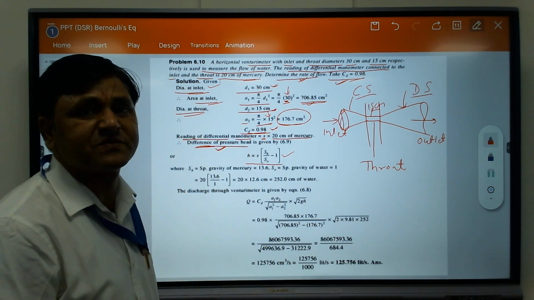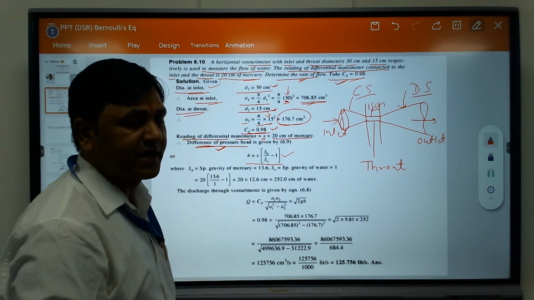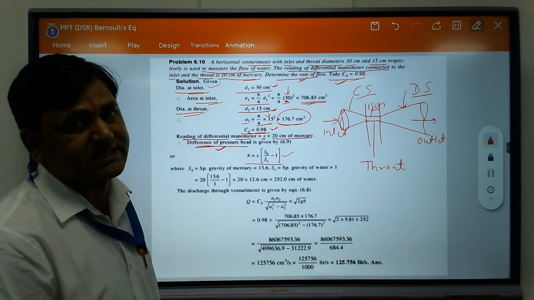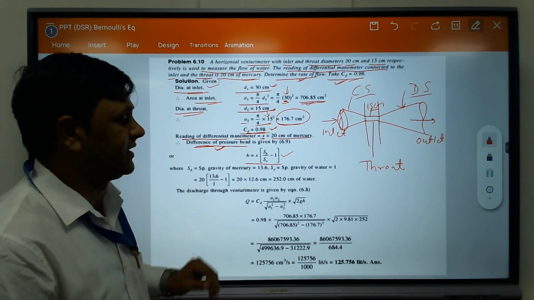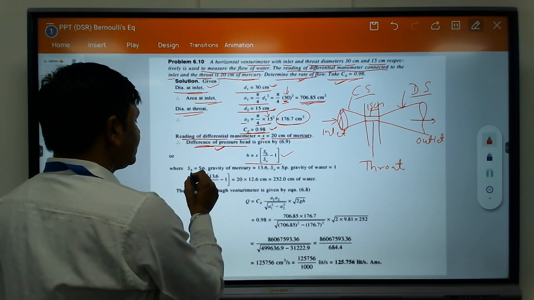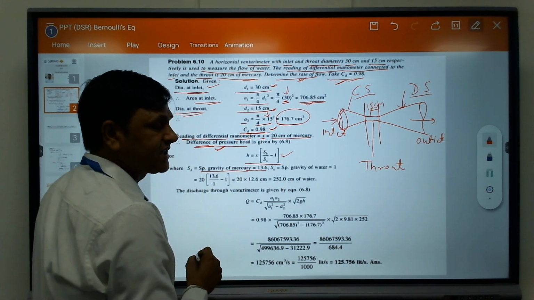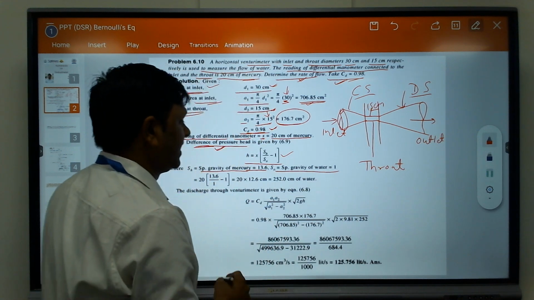SH is the specific gravity of the heavier liquid and S naught is the specific gravity of the standard. We have taken water as the standard in this problem. Now, the specific gravity of mercury is 13.6. The specific gravity of water is 1.